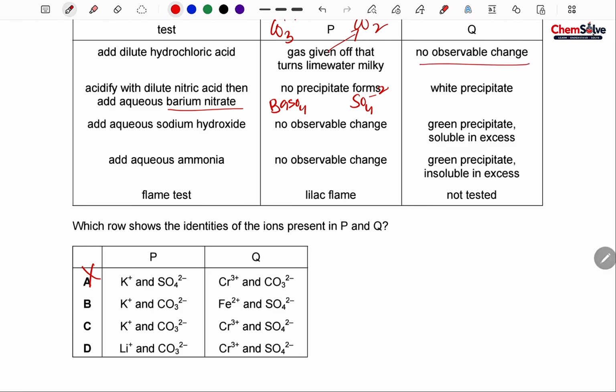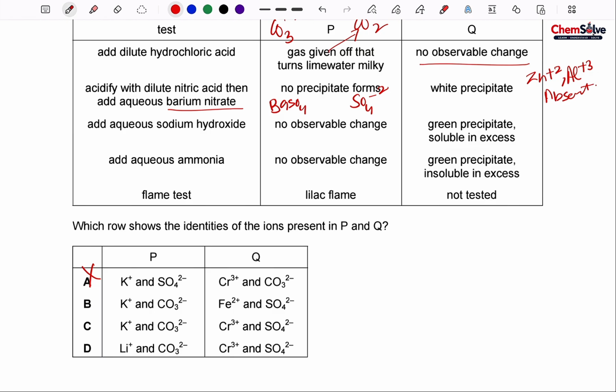If there is no observable change, it means it's not zinc, it's not aluminium, they are absent, otherwise it will form the precipitate.